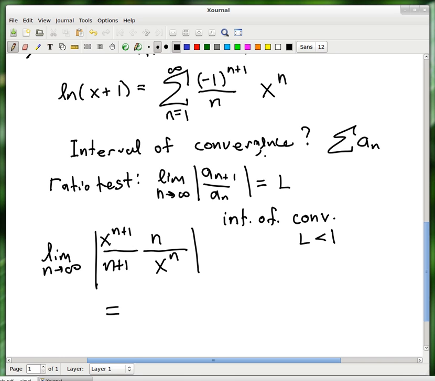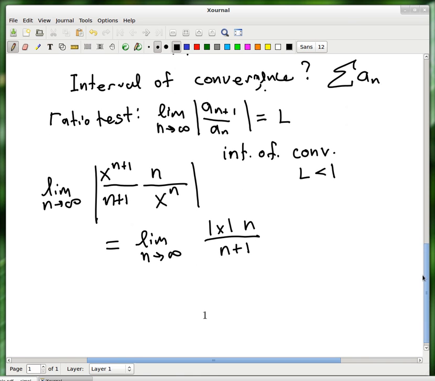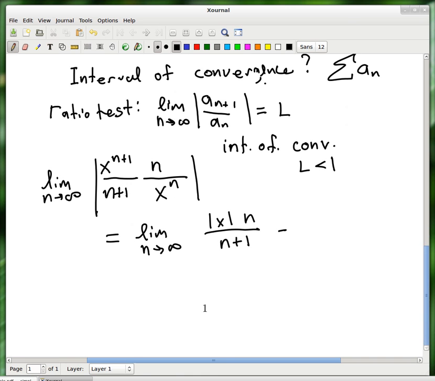The x's cancel. This becomes the limit as n goes to infinity of the absolute value of x over n plus 1. The x no longer has anything to do with n, so you can take it out of the limit. Then you have the limit as n goes to infinity of just n over n plus 1.